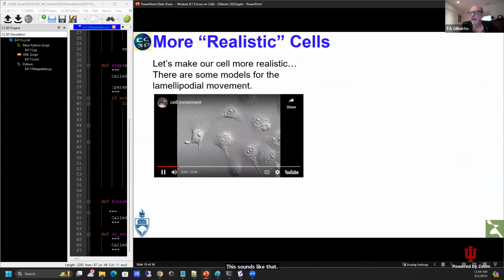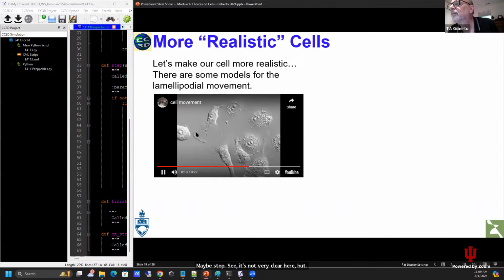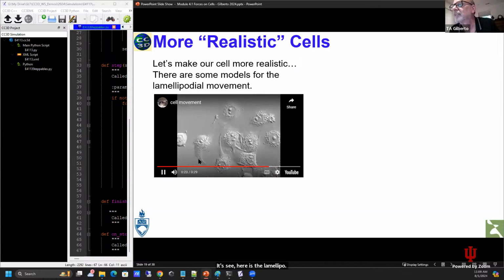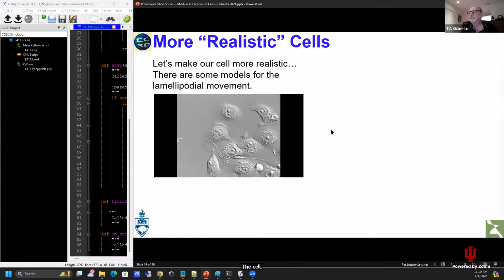See, the cell spreads some part of its body, creating the lamellipodium part, moves in that direction, maybe stops. It's not very clear here, but here is the lamellipodium. It's a very thin part of the cell.